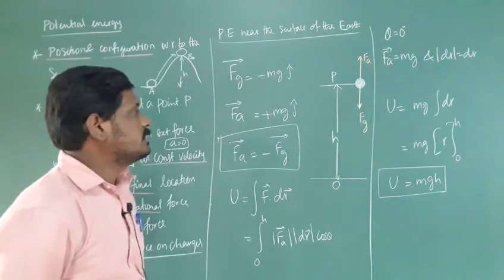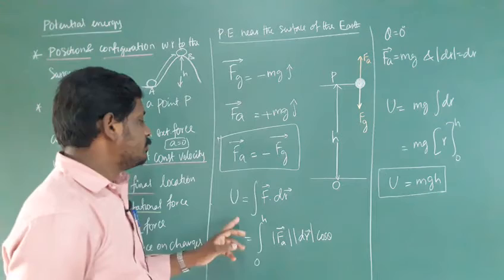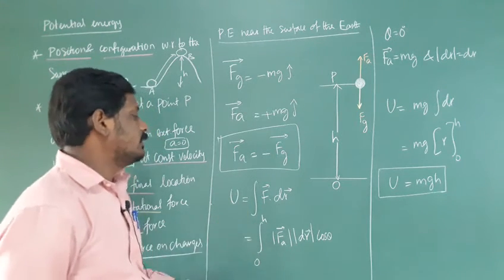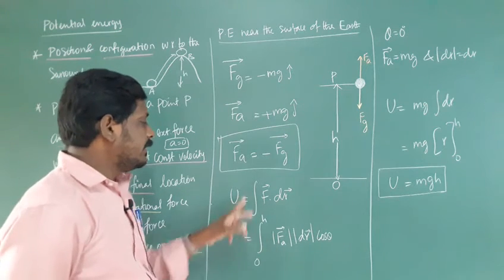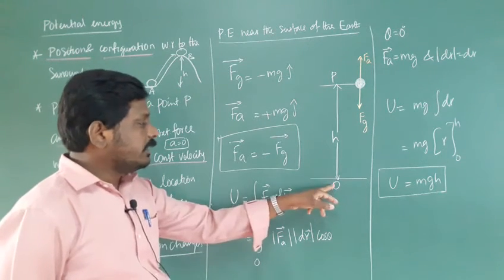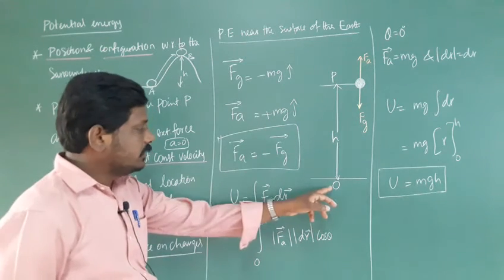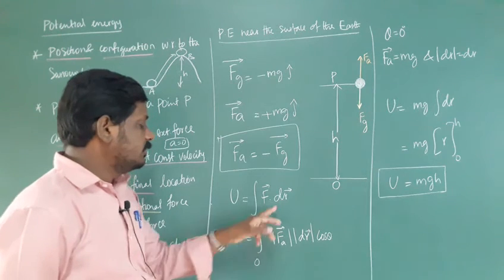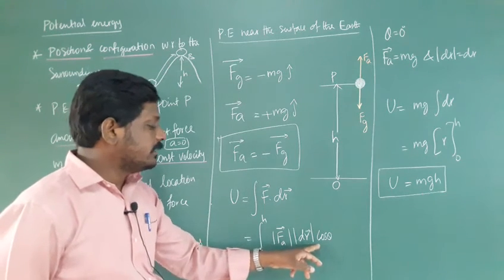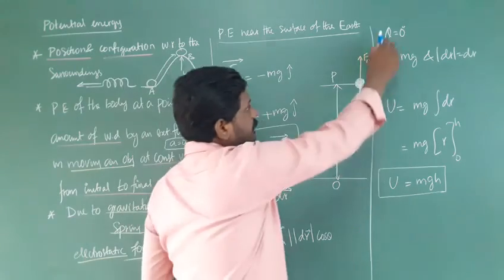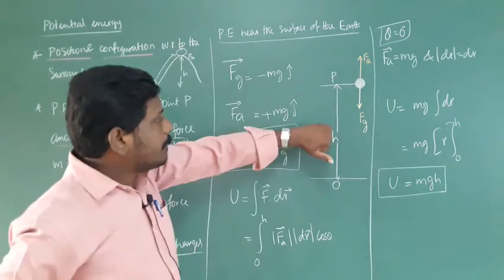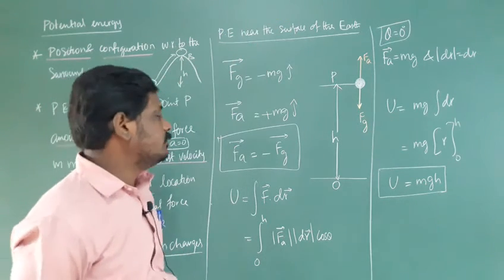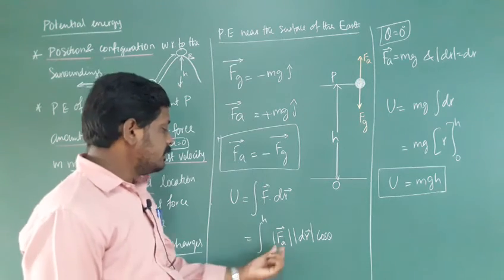Then the gravitational potential energy at point P, U, is equal to the integral of F dot dr. Potential energy is the work done, which is force into displacement, from initial to final, so the limits are 0 to height h. The angle theta between the applied force and the displacement is 0, because both are in the upward direction, so cos 0 is 1.